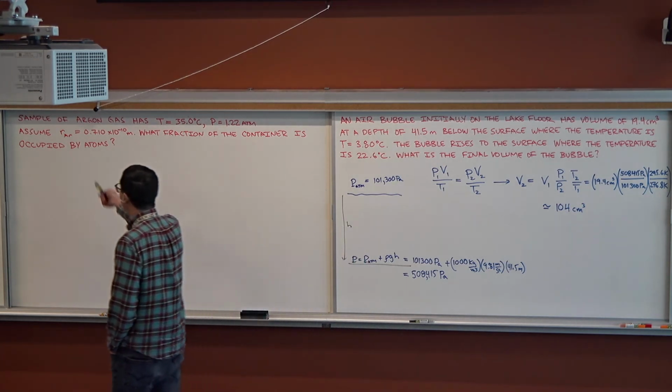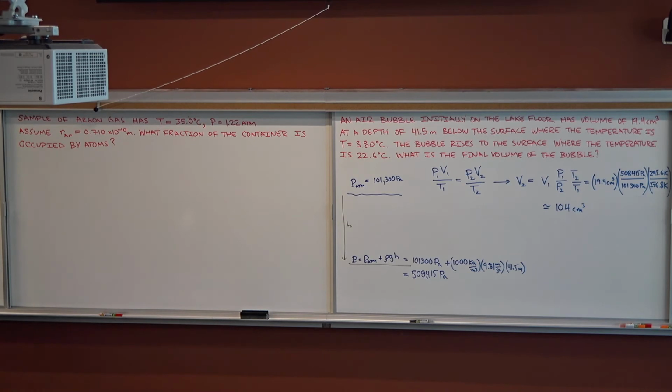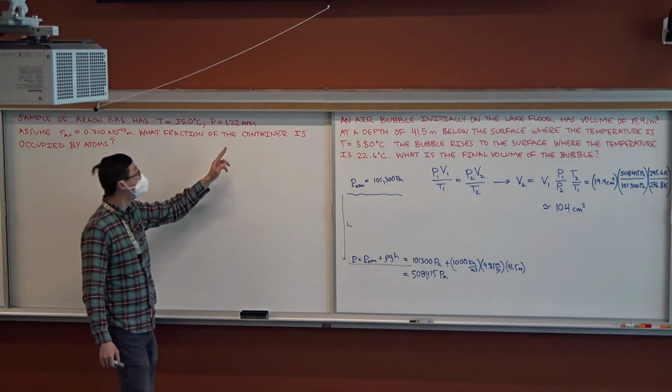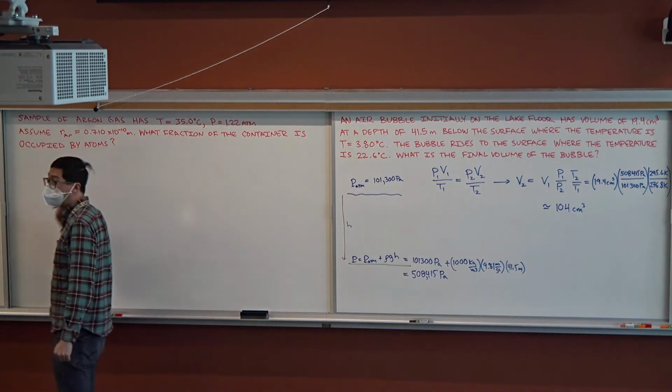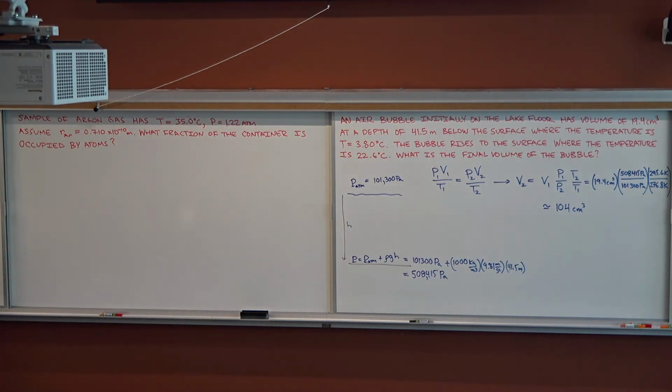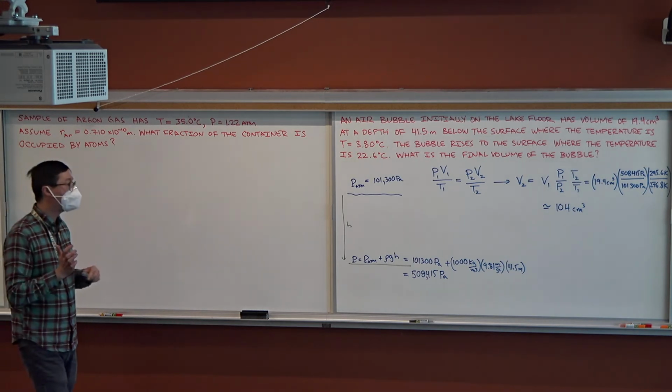I want you to assume that an argon atom is spherical and has a radius of 0.71 angstrom, 10 to the minus 10 meters. I then ask what fraction of the container is occupied by atoms. So, can you help me game plan this?